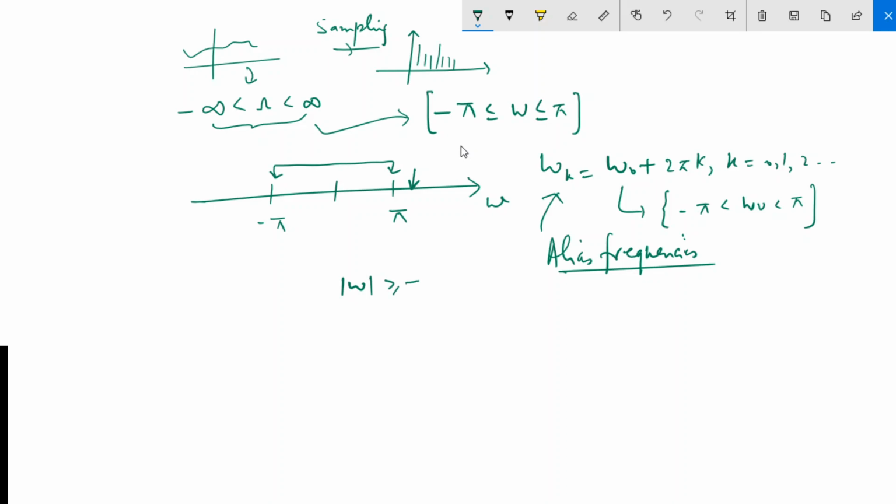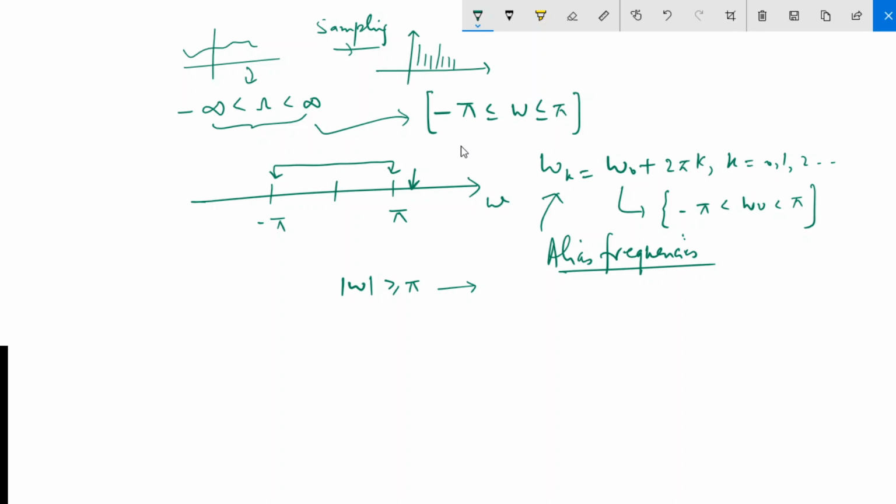For any omega where the magnitude of omega is greater than pi, you will get an identical frequency which will be available in this band. So you do not have to go beyond this band of frequencies from minus pi to pi, otherwise you will get alias frequencies. Alias frequencies means a similar frequency will exist in this band.